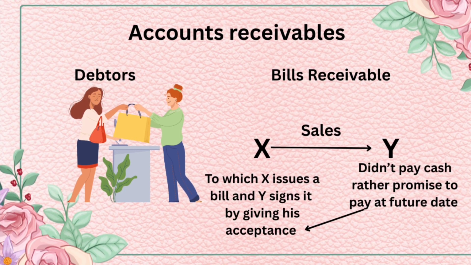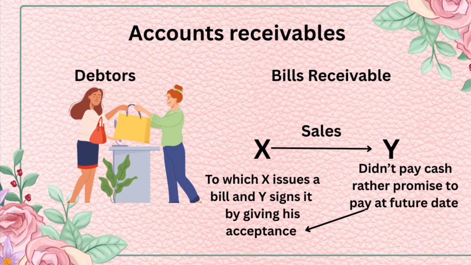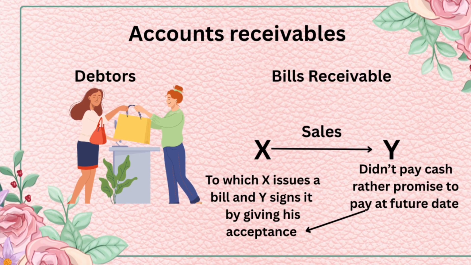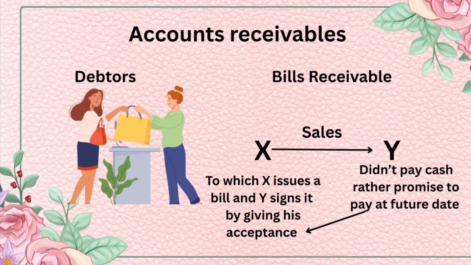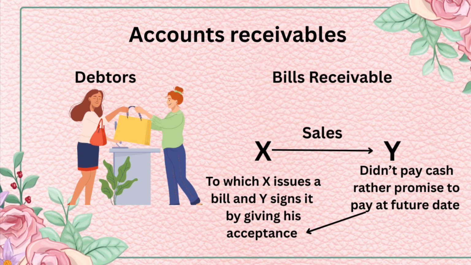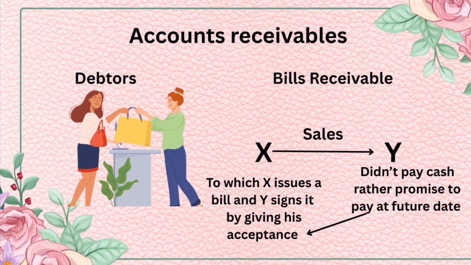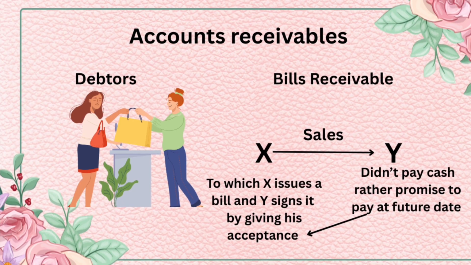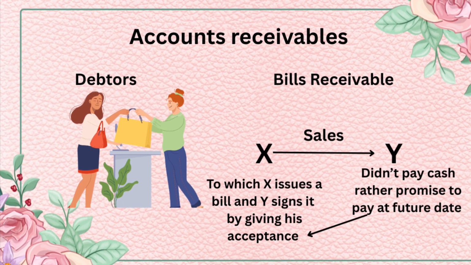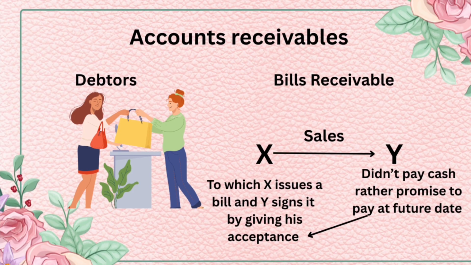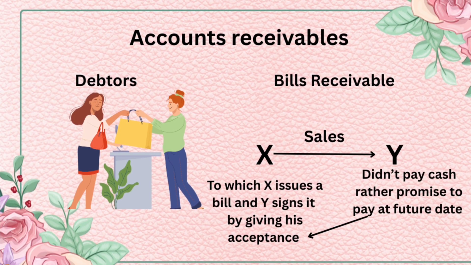Under accounts receivable, there is another term, bills receivable. Now, what are bills receivable? Bills receivable is a financial instrument which is issued to cater to the financial requirements of the seller. Take a similar example, X is selling goods to Y, and the transaction is done on credit.